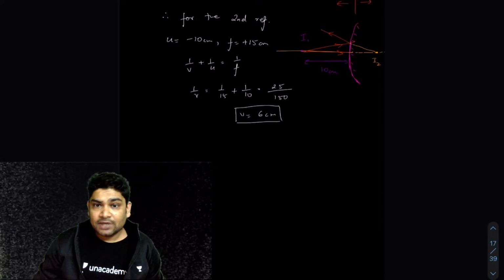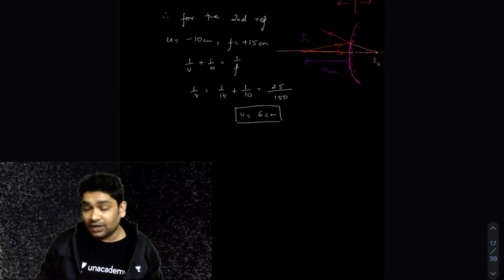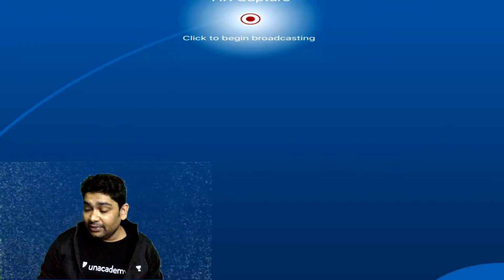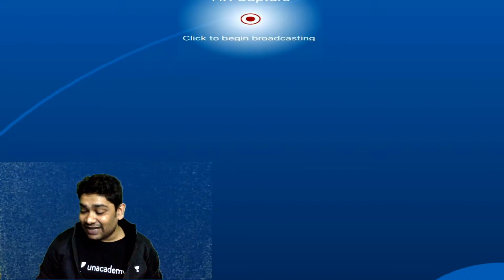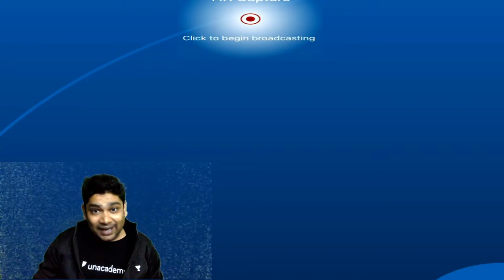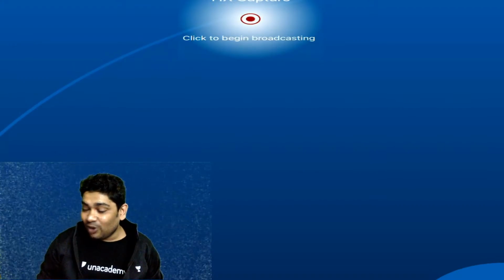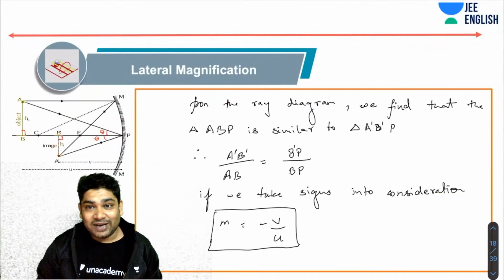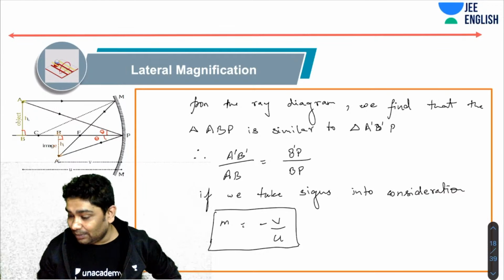Okay. So again, as I said, the linear magnification, which is the ratio of the size of the image to the size of the object, can finally be written as minus V over U, where V is the image distance and U is the object distance. The minus sign tells you that the object and the image are formed on opposite sides of the principal axis. Okay, so this is what you have as the final formula. Please remember this.